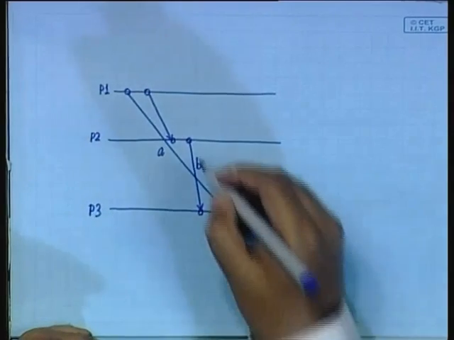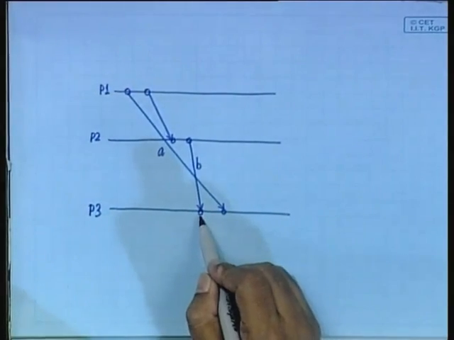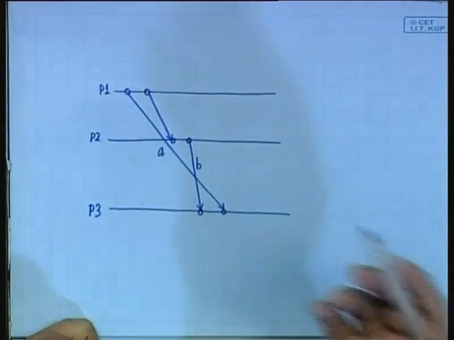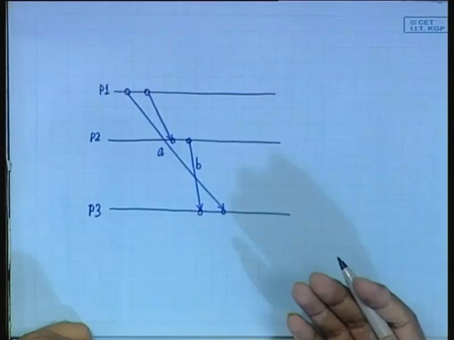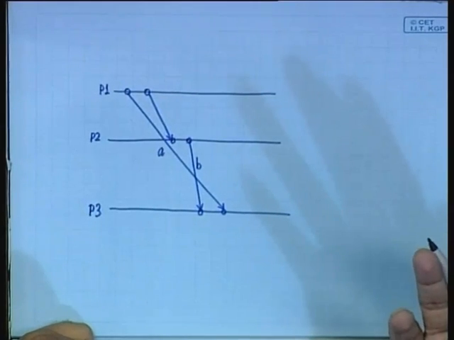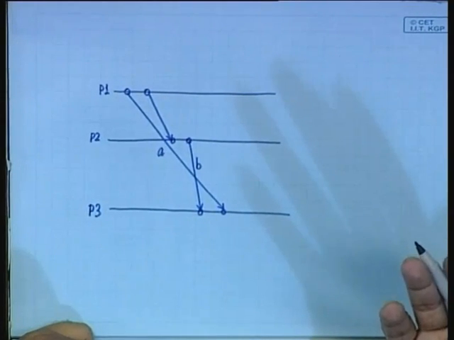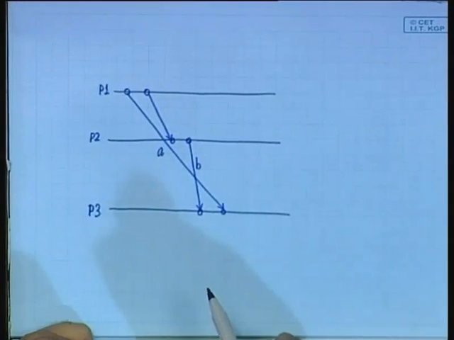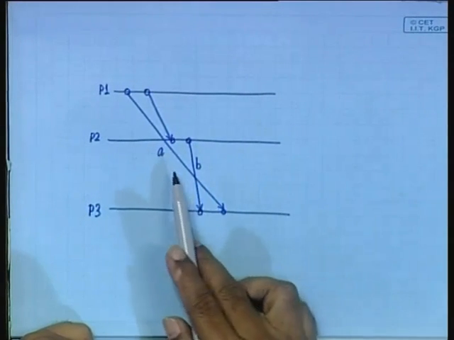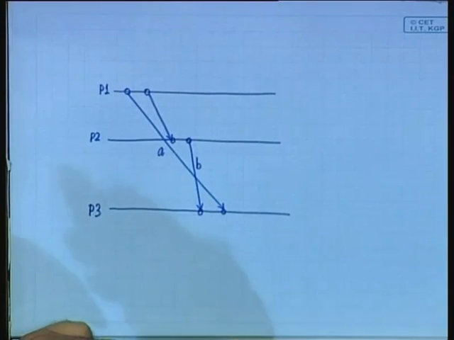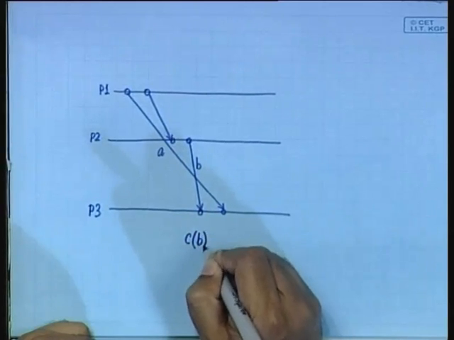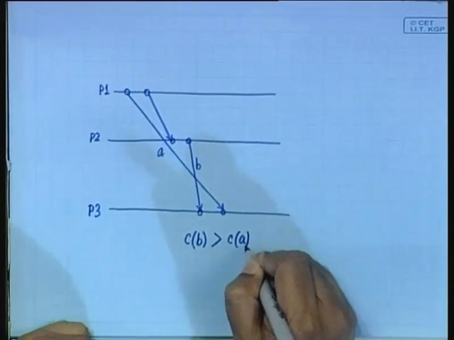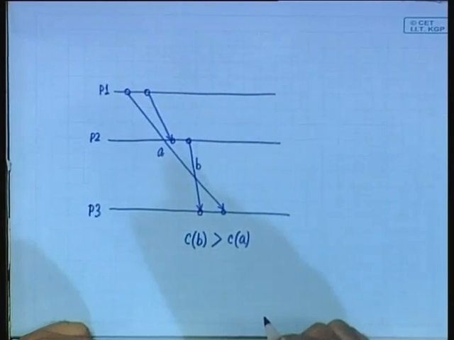So, when I get B, I know there may be some message which will come with a timestamp less than that of B, may come, may not come also, and there is no point in waiting for that, because even if that has a timestamp less than B, it may not have causally preceded B, because C(B) greater than C(A) does not mean that A happened before B.